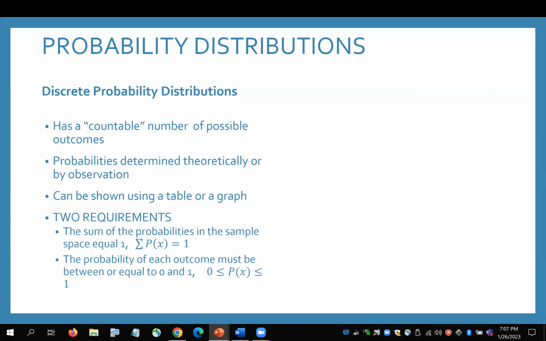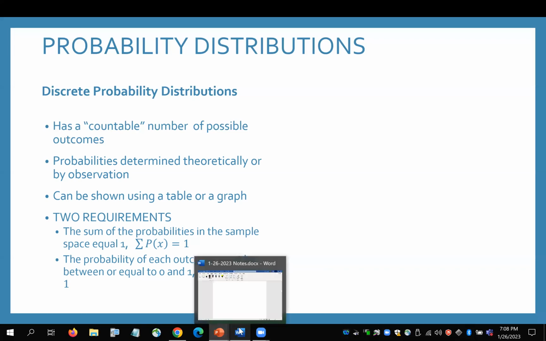The two key things to remember, which are really direct results of probability theory, is that the probability of each outcome must be between or equal to 0 and 1. All probabilities are between 0 and 1.